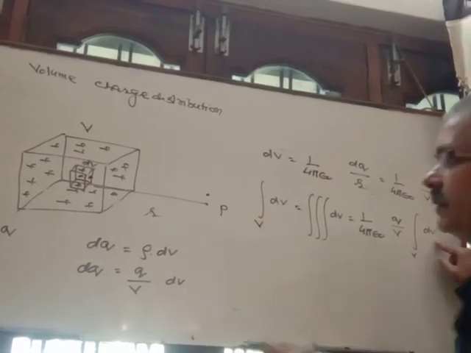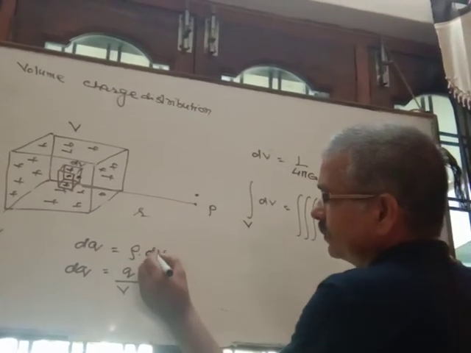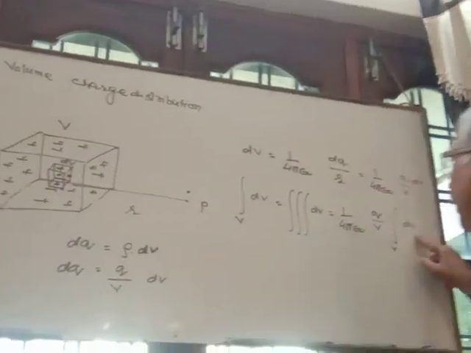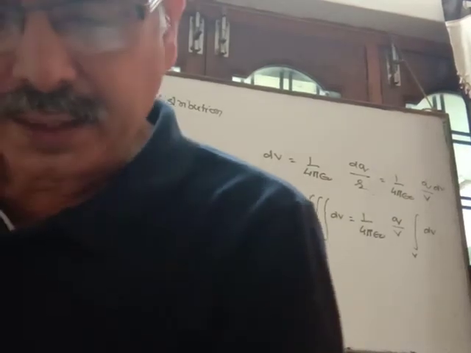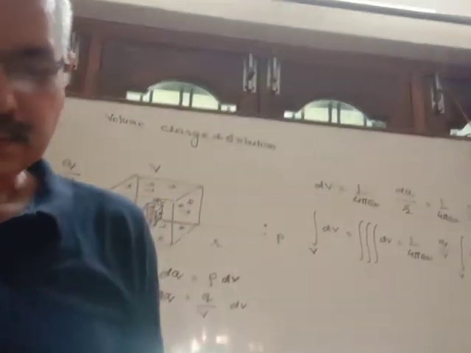This dV is the volume. So after integration you will get the net potential at that point.